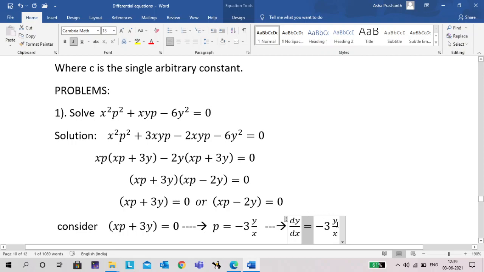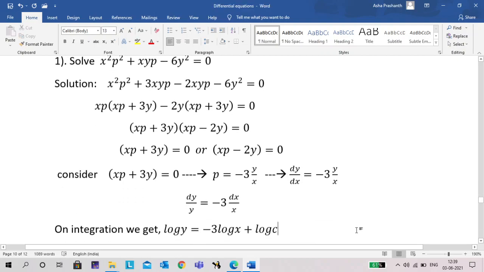So this comes under variable separable form. We can easily separate the y term on one side and the x term on the other, right? Clear? You see, I am taking this y to the denominator, and this dx to the numerator. So what will I get? dy by y is equal to minus 3 times dx by x, right?